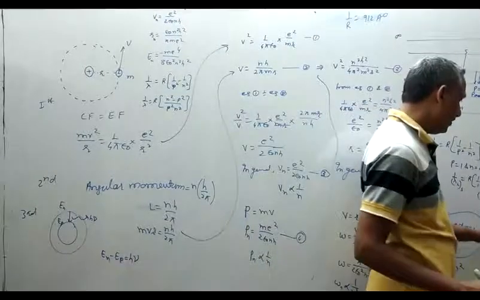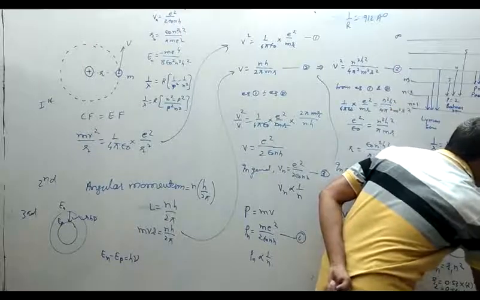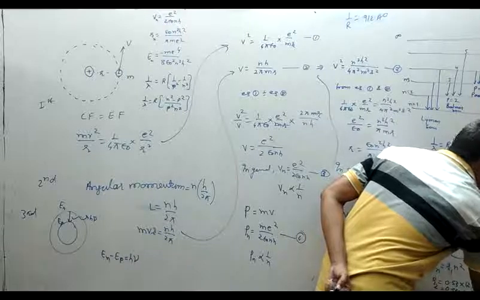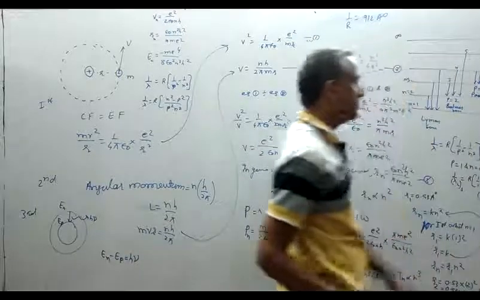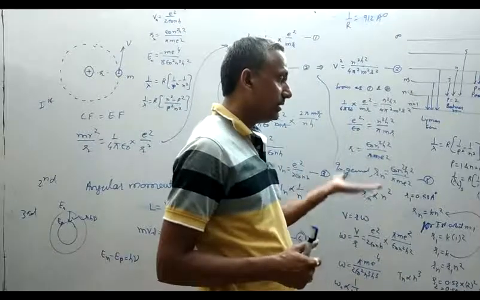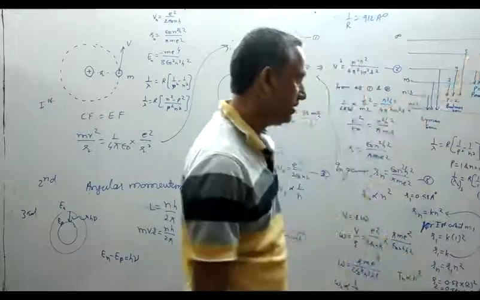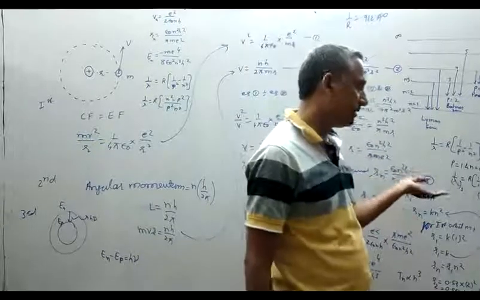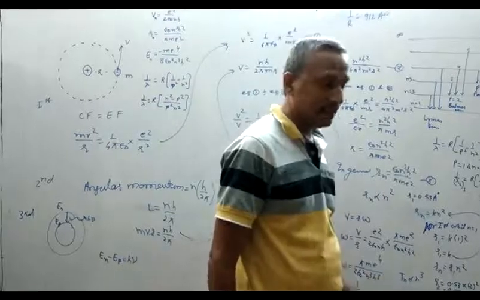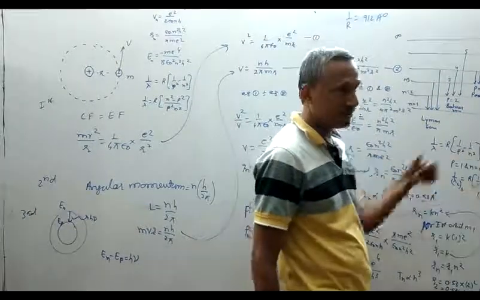Now we know the value of 1 upon R is equal to 912, so 4 multiplied by 912 gives 3648. So we can calculate the wavelength of any transition line of this energy level diagram if we know the value of 1 upon R, that is 912. In this way we can calculate the shortest wavelength as well as the longest wavelength. So these are the five formulas for the shortest wavelength.